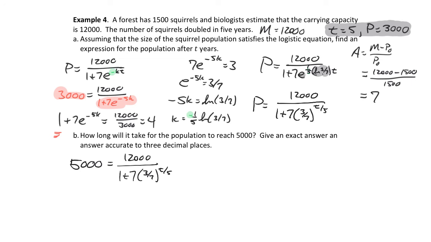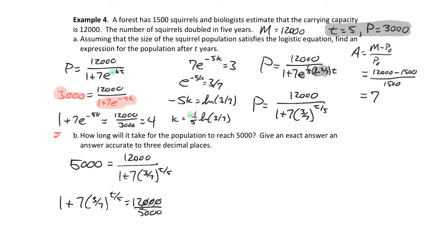And then let's see, we'll multiply both sides by the denominator and divide by 5,000. 1 plus 7 times 3/7 to the t over 5 is 12,000, I'm sorry, yep, 12,000 divided by 5,000.